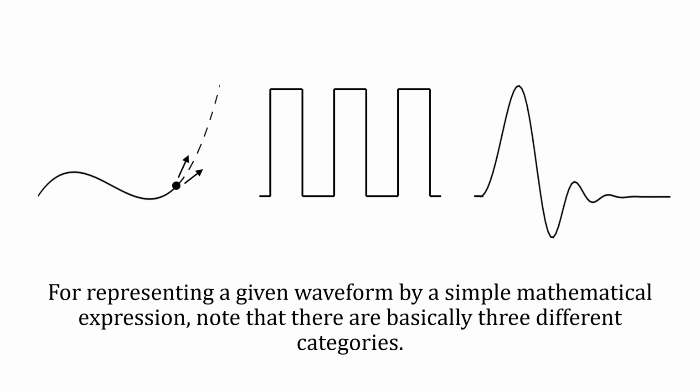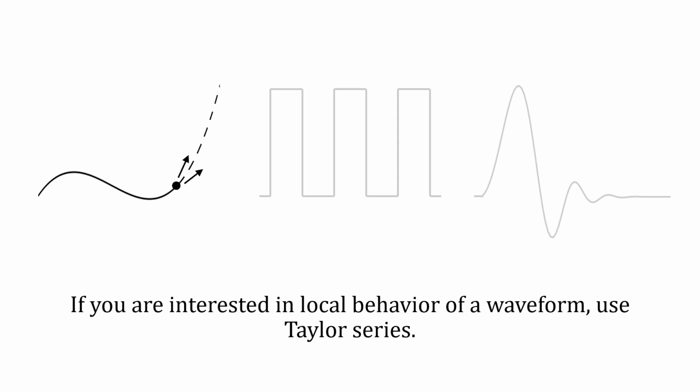For representing a given waveform by a simple mathematical expression, note that there are basically three different categories. If you are interested in local behavior of a waveform, use Taylor series.